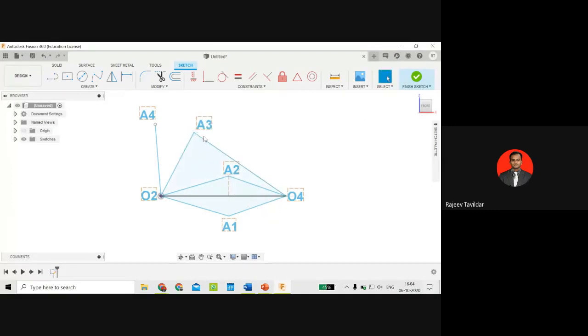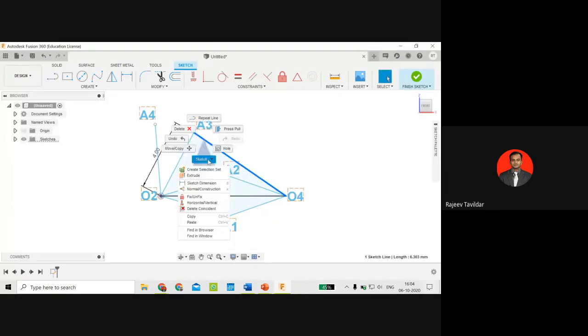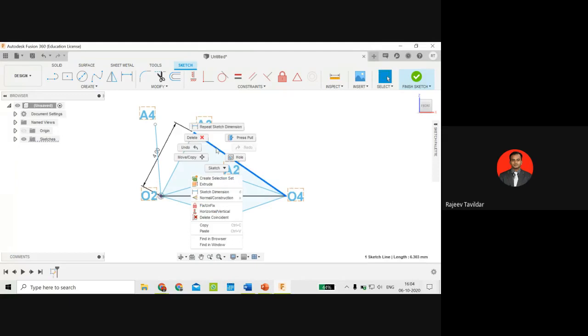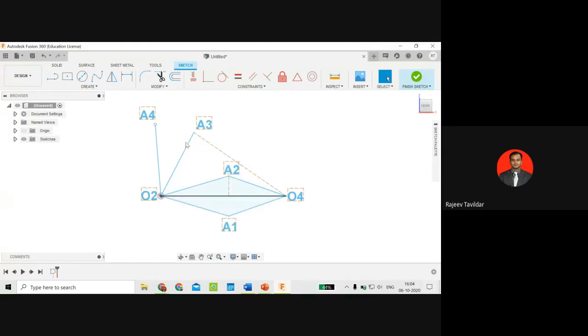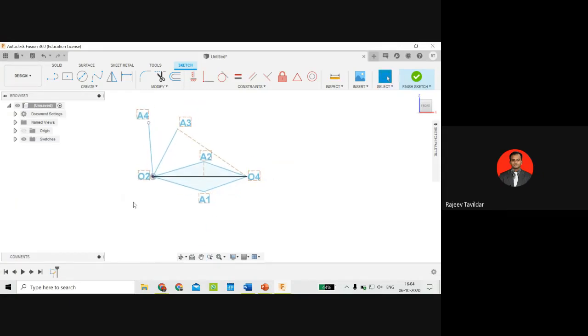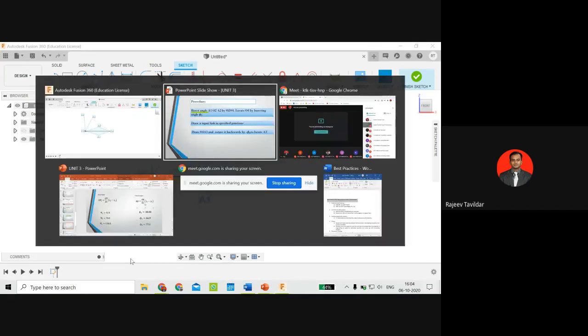Okay, I'll just convert this into a construction line. We need to draw O4 A3 and I need to rotate it backwards. Backwards in the sense I'm going to rotate it anti-clockwise now in order to locate A3 dash. By what angle?